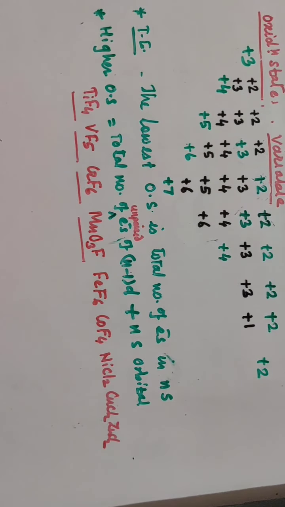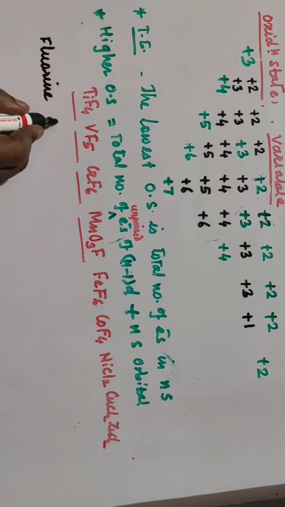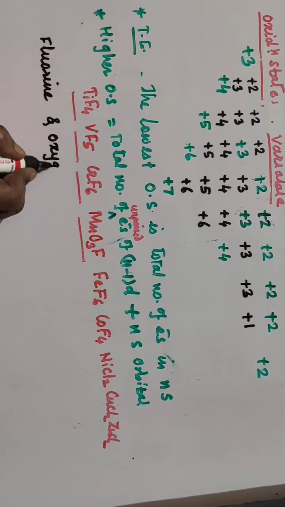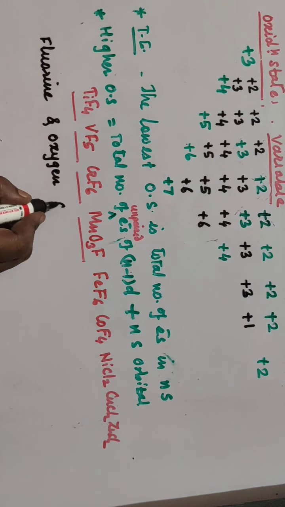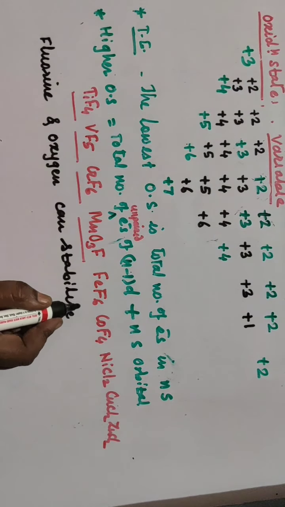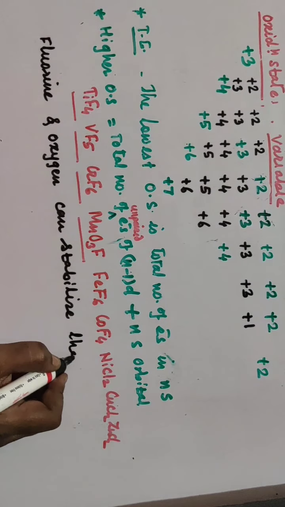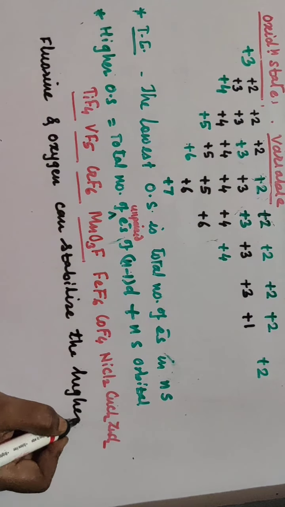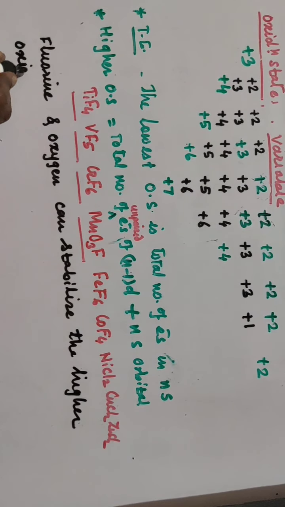So I'll write one more sentence here, that fluorine and oxygen can stabilize the higher oxidation state, and this is due to what?